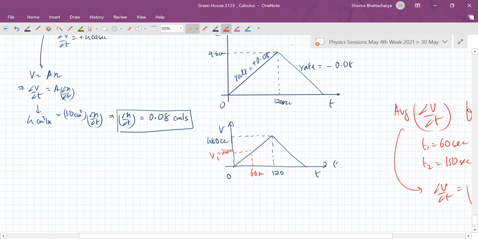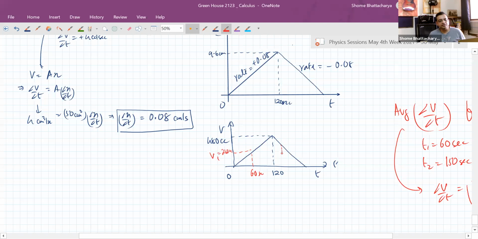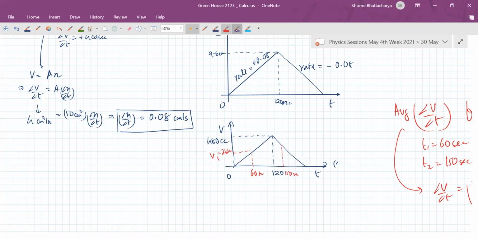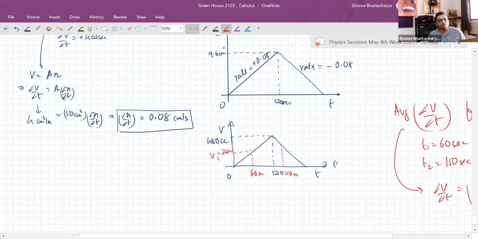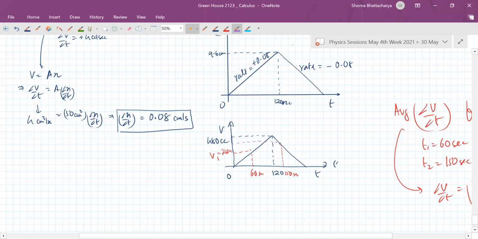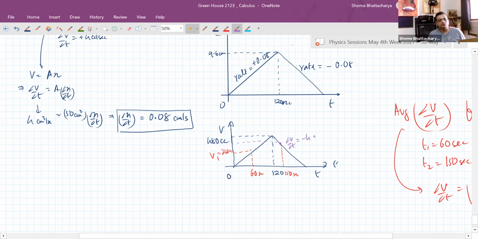Okay, and then 150 seconds is somewhere here. So at 150 seconds, what should the volume become? After 480, 360. Very good. So what is happening here? The rate of change of volume is -4. Right? So per second, it is reducing at 4 cc.